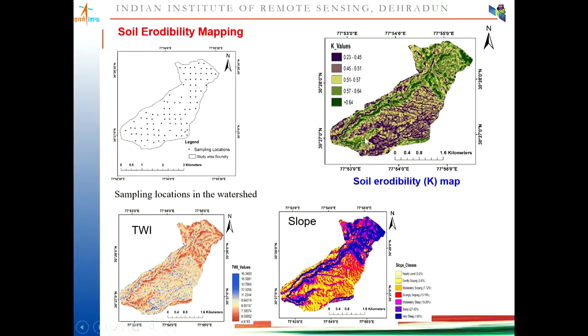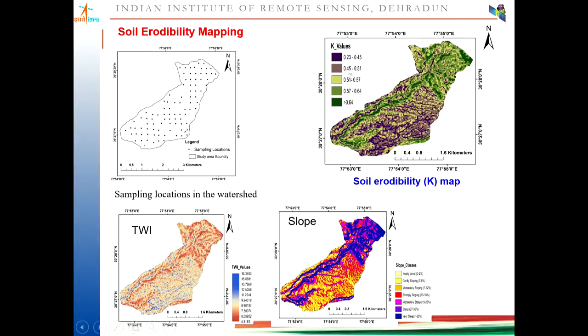You see there all the gaps are filled up, and we use the terrain indices I told you about earlier: the terrain wetness index, TWI, generated from the DEM, and the slope map generated from the DEM. Both maps can be integrated through equations, and by developing a multiple linear regression equation we can generate the soil erodibility map.